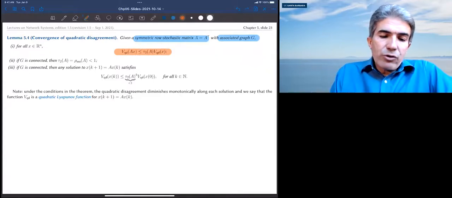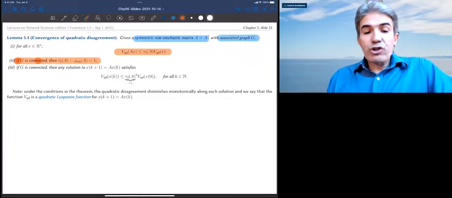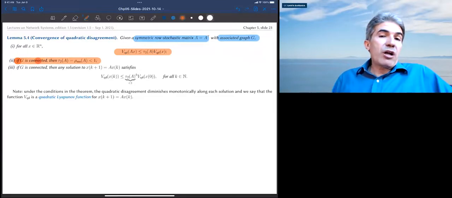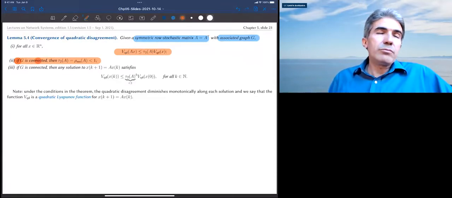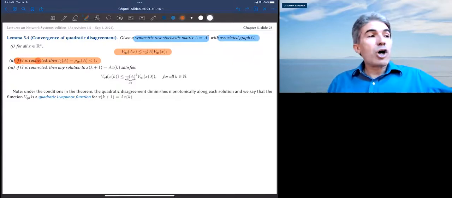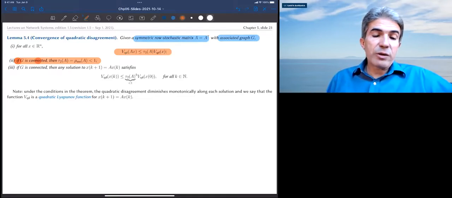Maybe let's start with condition 2. When the graph is connected, then tau 2 is equal to the same essential spectral radius we talked about earlier. And because the graph is connected, the eigenvalues which are not the Perron eigenvalue are all strictly dominated by the Perron eigenvalue 1. And so therefore the essential spectral radius is strictly less than 1.